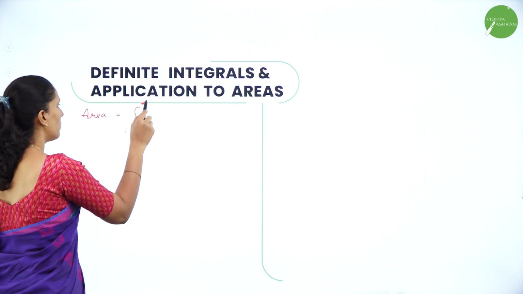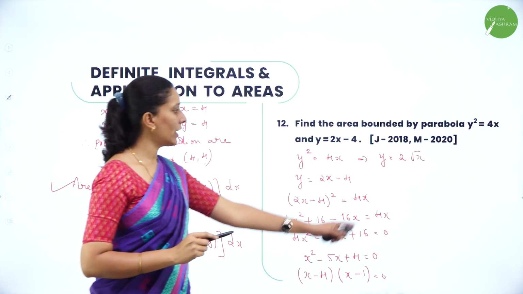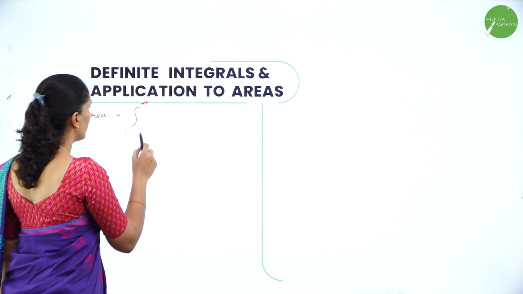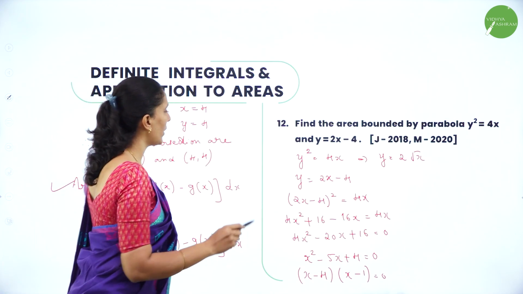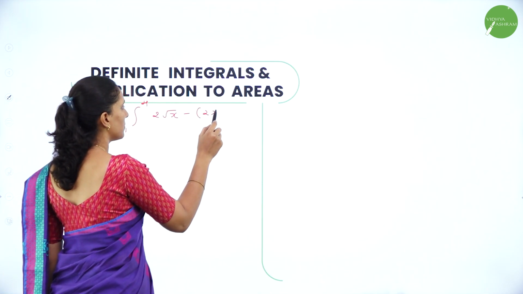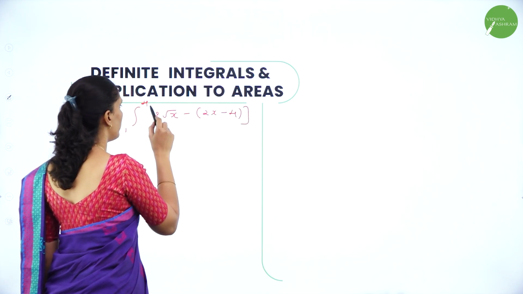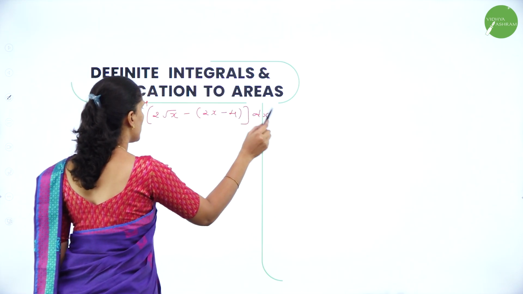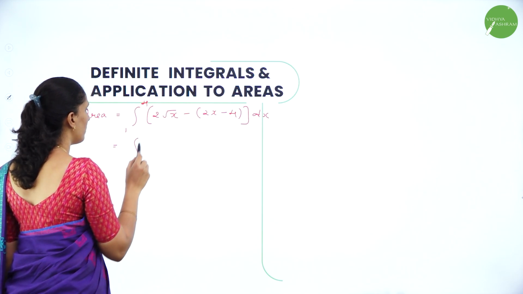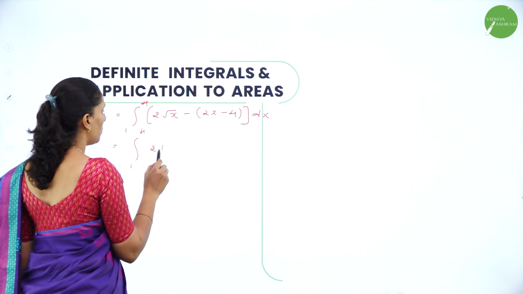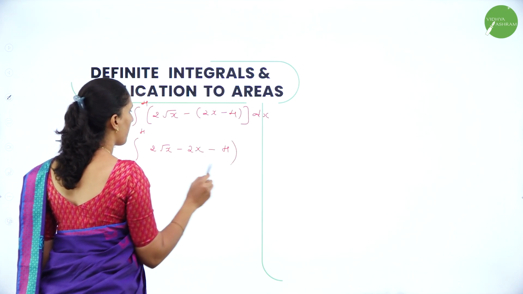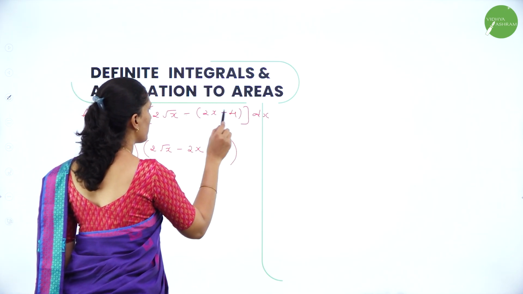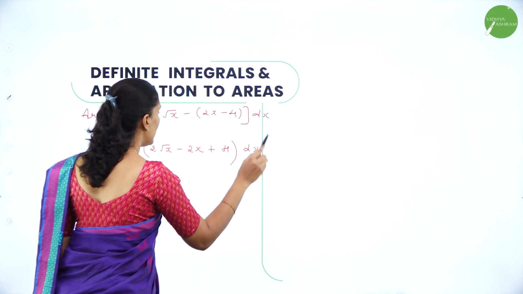So, here area from 1 to 4. So, f of x I have taken as 2 root x minus g of x, which is 2x minus 4, with respect to dx. So, here integral from 1 to 4, 2 root x minus (2x minus 4), so plus 4 here, because minus into minus is plus, dx.